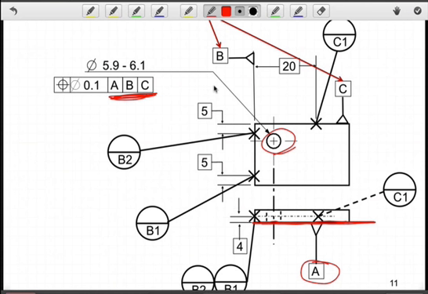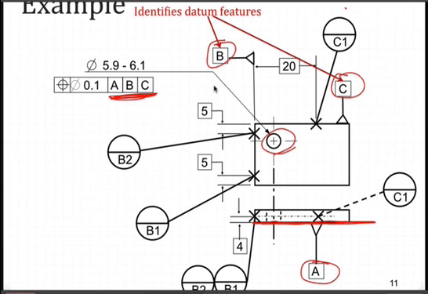But now when we get to our datums B and C, we also see datum targets. Now note that the reason why you've got these datum identifiers here is to identify the features, in this case 2 surfaces, that we're going to construct datums for.